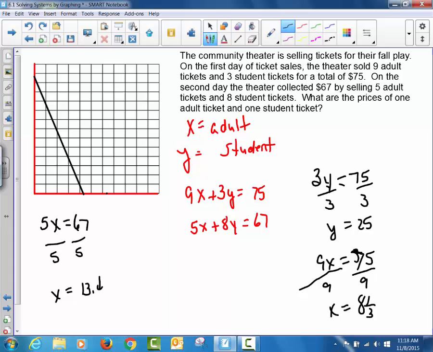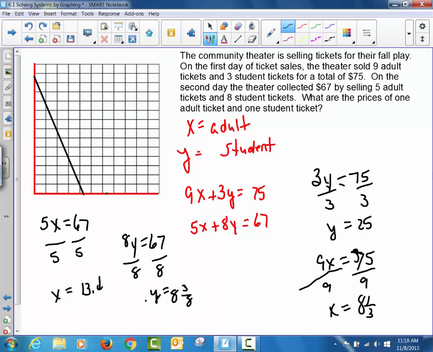Then we have to come over here to let the x equal 0. If we let x equal 0, then that means that 8y equals 67. We divide both sides by 8, and y equals 8 and 3/8.